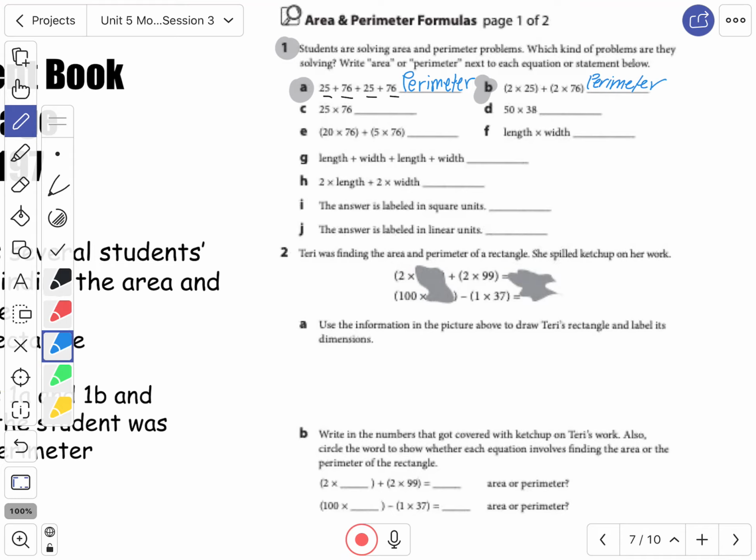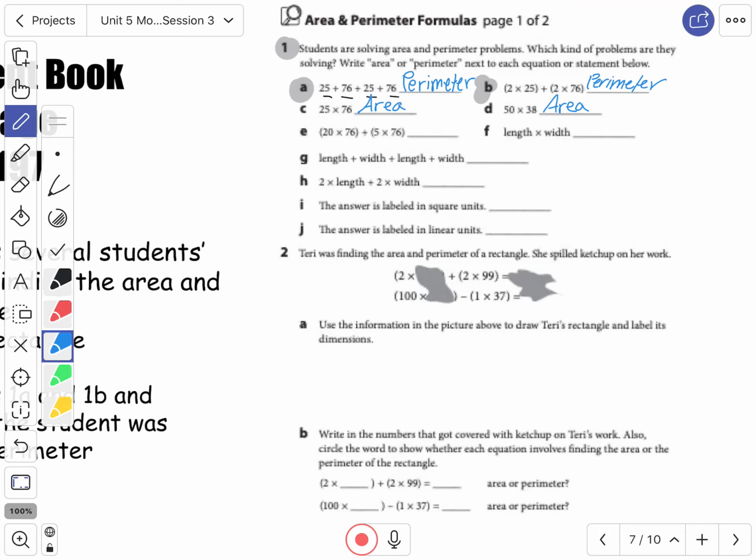I'm going to do a couple more with you, and you're going to do the rest of them on your own, okay? So let's look at C, 25 times 76. If I'm just multiplying the sides together, that sounds like length times width to me, so that would be area, okay? For D, if I were multiplying two sides together again, and they were 50 times 38, that would also be area. Okay, I'm going to do just two more with you.